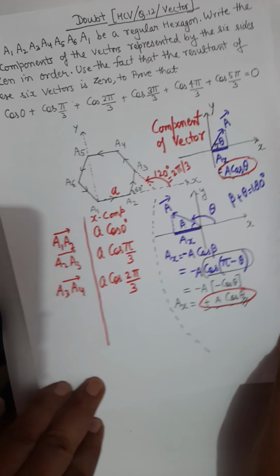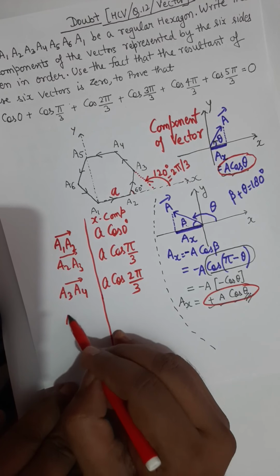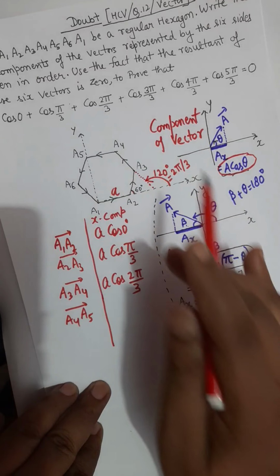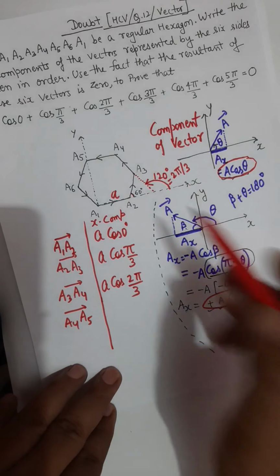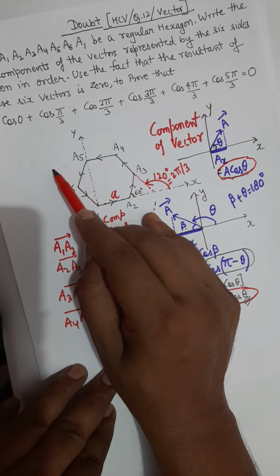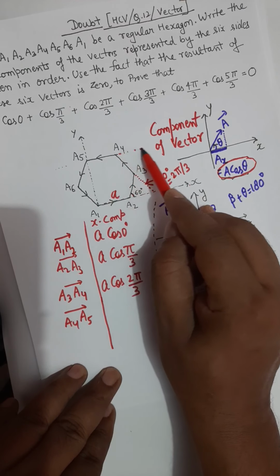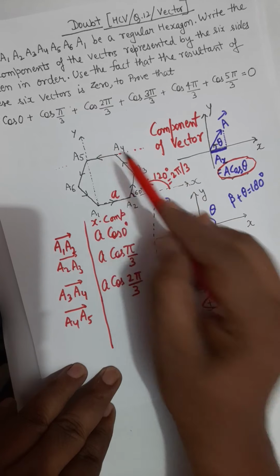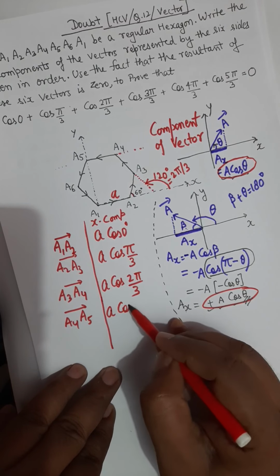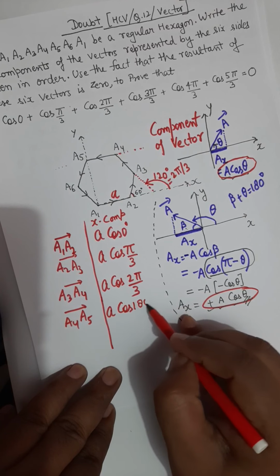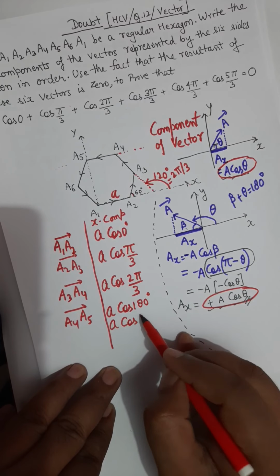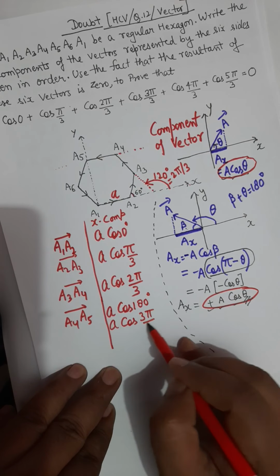Then vector A4A5. How much angle does this vector make with the positive side of the x-axis? Notice that A4A5 is going towards the negative x direction. So the angle which it makes from the positive side of the x-axis will be 180 degrees. So you will write a cosine 180 degrees, and you can convert this 180 degrees into radians as pi, which you can write as 3 pi by 3.